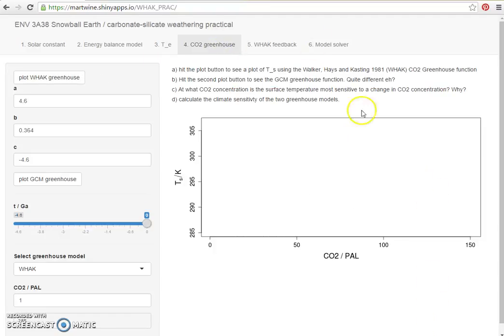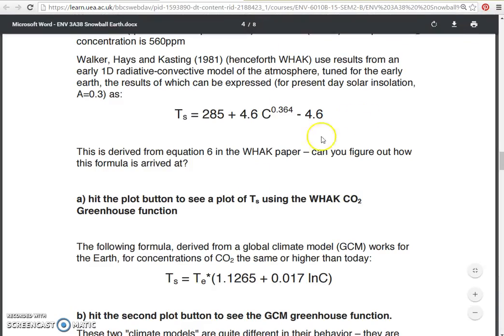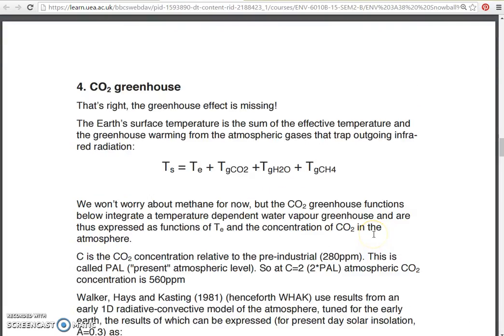So the greenhouse effect, if we go back to the question sheet, we can see that Earth's surface temperature can be represented by the effective temperature, which we were just discussing, and then the temperature added on to that from each of a series of greenhouse gases, which trap outgoing infrared radiation. So the one we're really interested in for now is CO2.